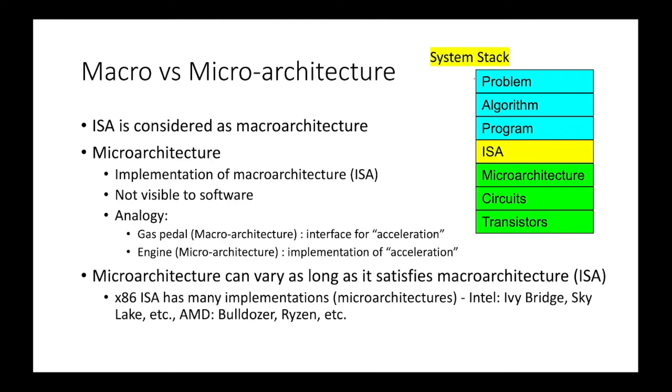An engine, which is an implementation of acceleration, is microarchitecture. Microarchitecture can vary as long as it satisfies the macroarchitecture. For example, the x86 ISA has many implementations, such as Intel Ivy Bridge, Skylake, AMD Bulldozer, and Ryzen.